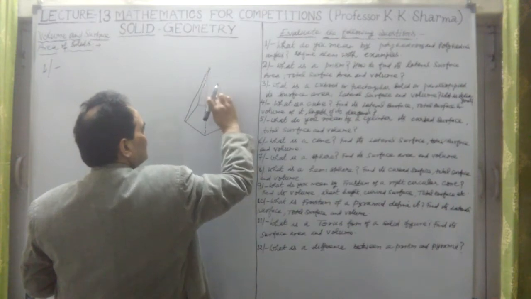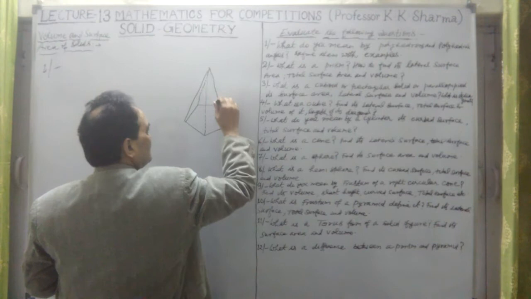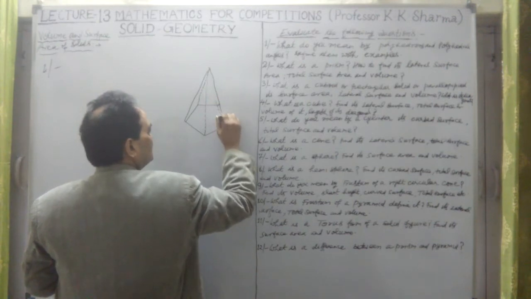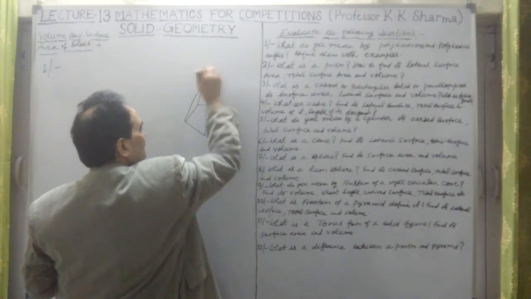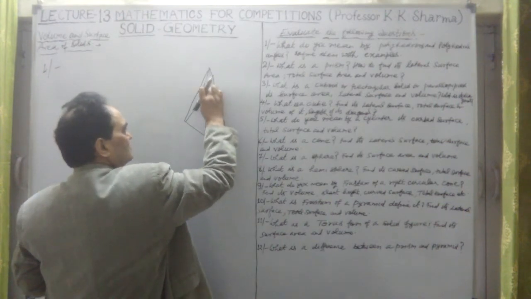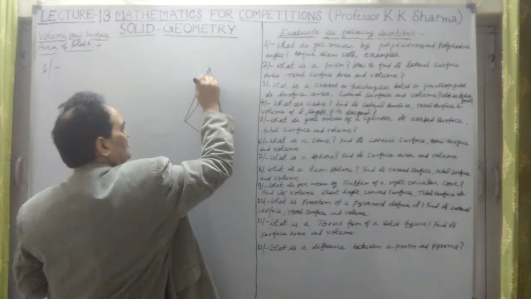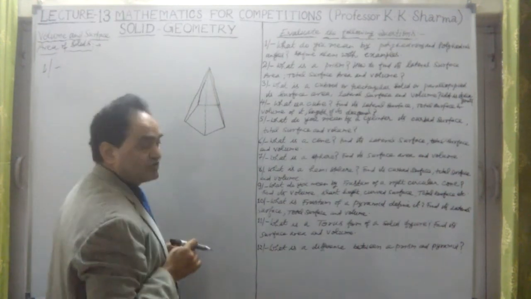Let me take this. And this is like this point. So these kind of figures, now in this case we have taken the base as a pentagon. Now this is a polyhedron.